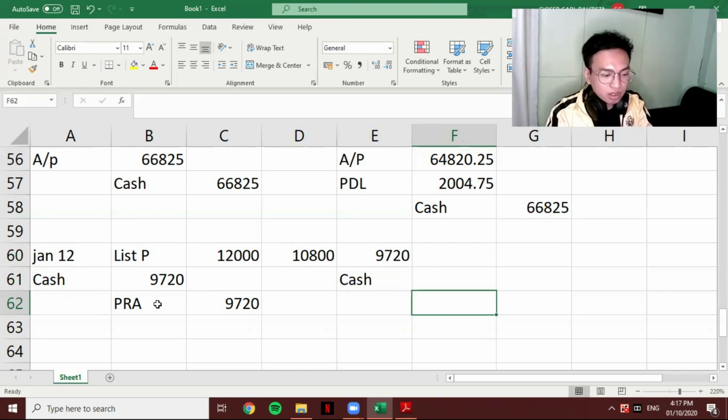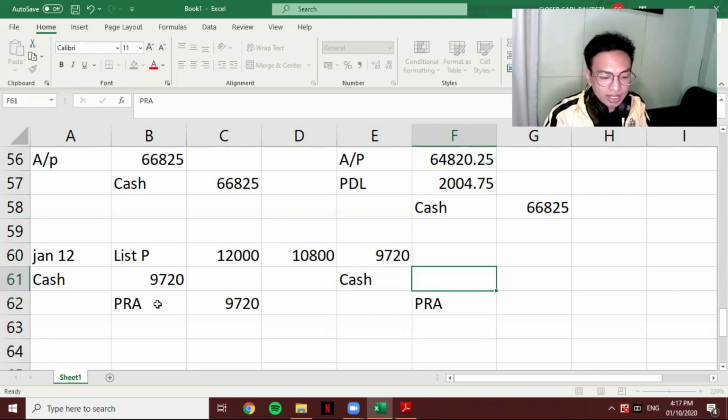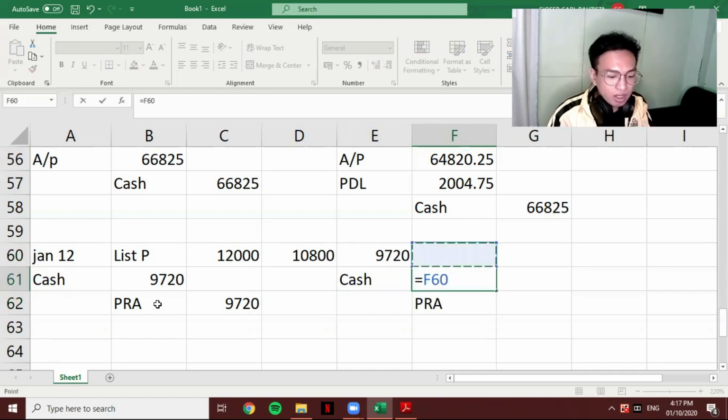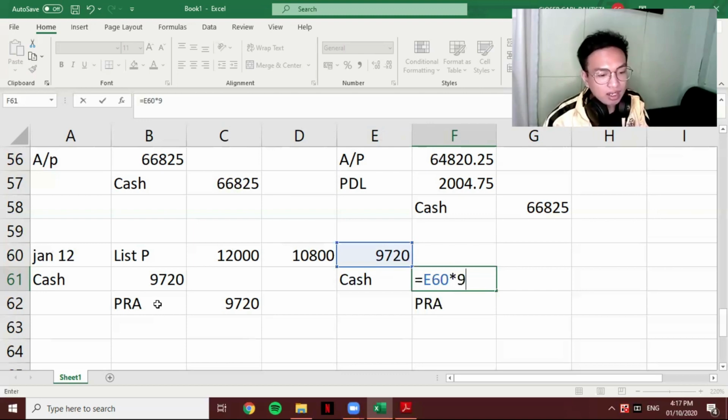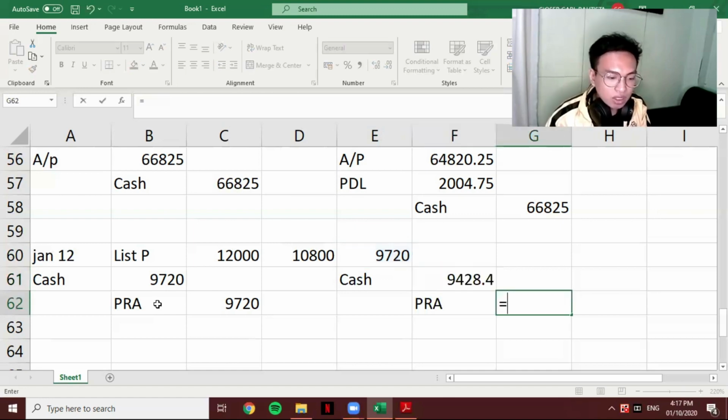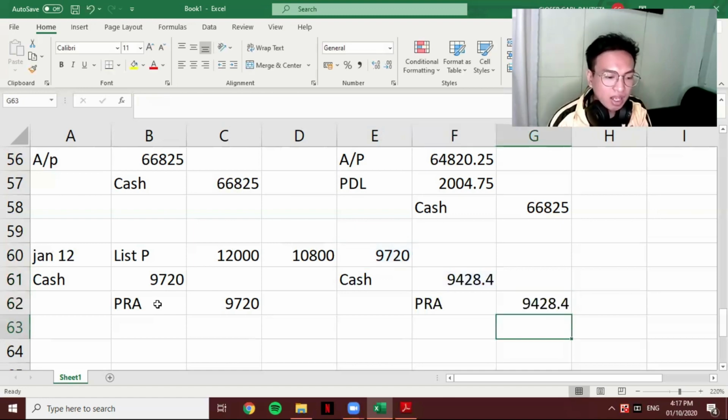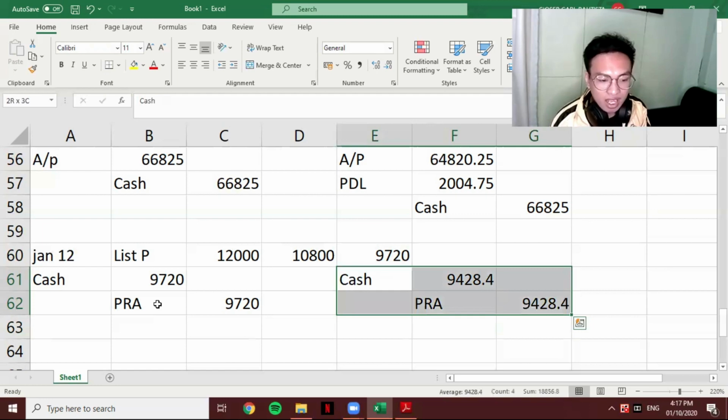Therefore, the returns that you will only recognize ay 9,720 subtracted further with 3% discount or the 97%. 9,428 lamang ang ating returns in net method of accounting for the returns with the discount na.